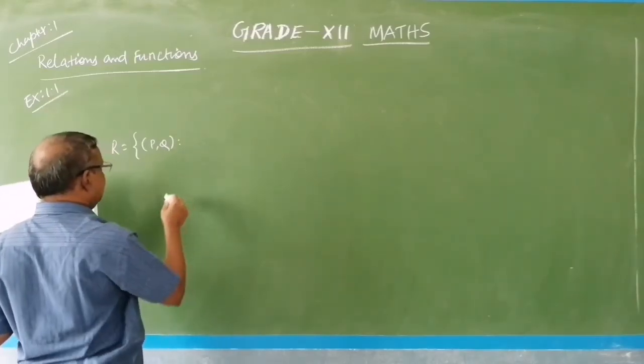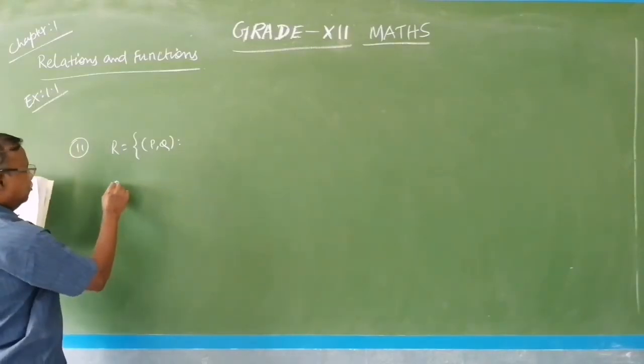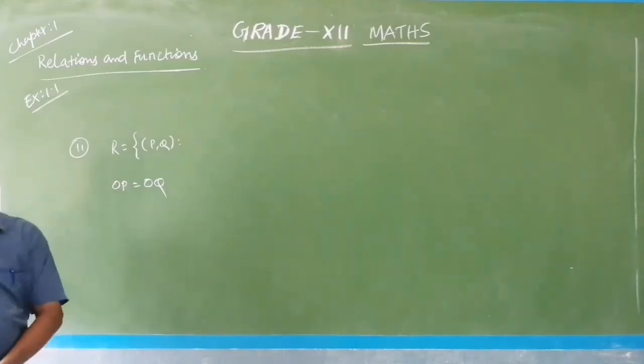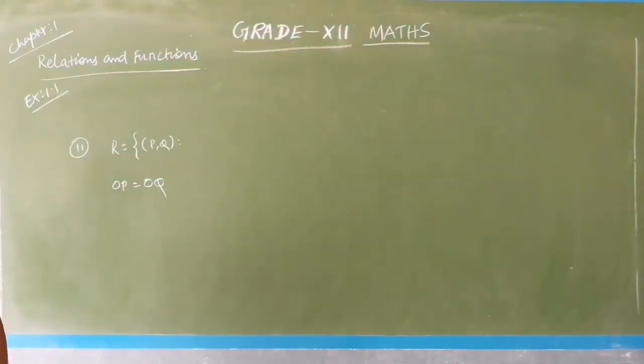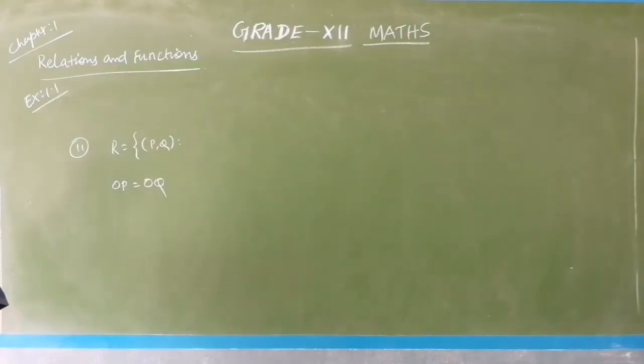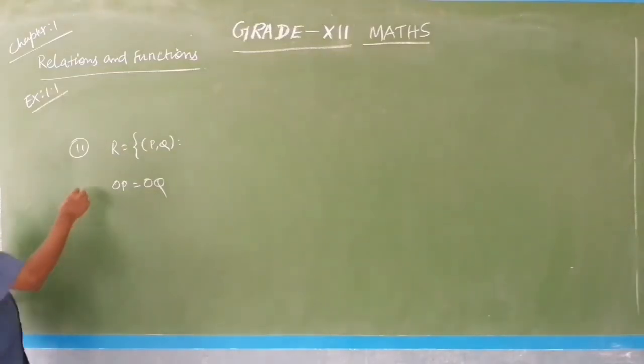So we have OP equal to OQ. What we have to show is that R is an equivalence relation. First let us prove this.